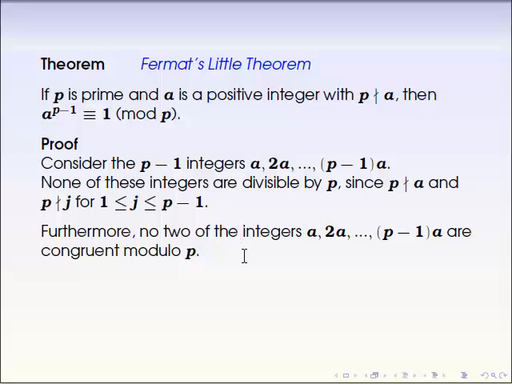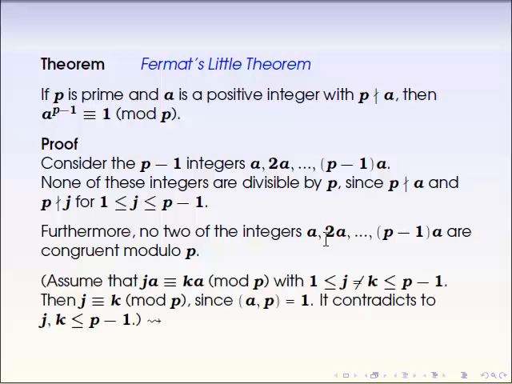Okay, by that, please check it. So it's clear they are all relatively prime with p, and the brief proof in 33 to show that is like this, right? Assume any two of these numbers, like ja and ka, are congruent modulo p and j is not the same as k.